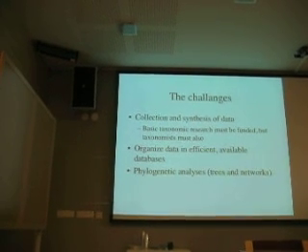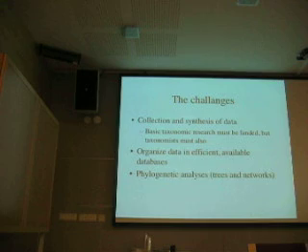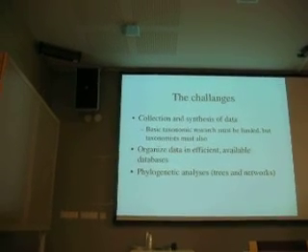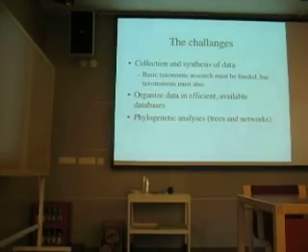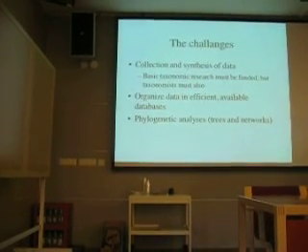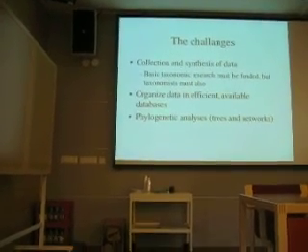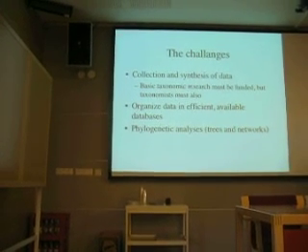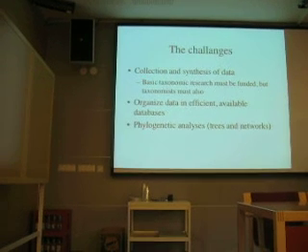Okay, so finally, I think the challenges for systematics are very much the collection and synthesis of data, and a lot of work to ensure the quality of the basic data. So basic taxonomic research has to be funded, but taxonomists often complain about it: oh, you just give money to molecular systematics and to bioinformatics and so on, but there's no content.